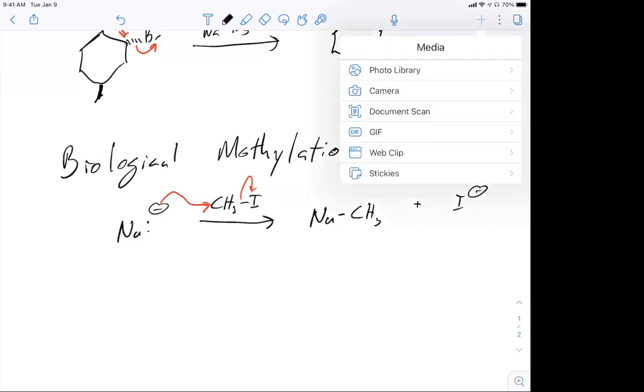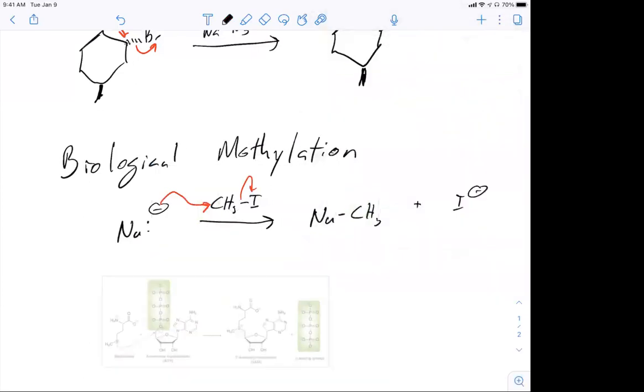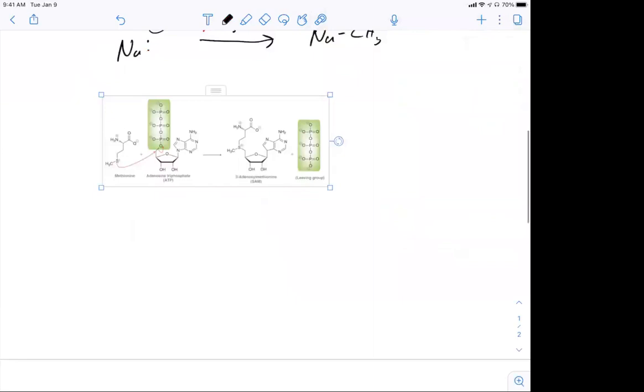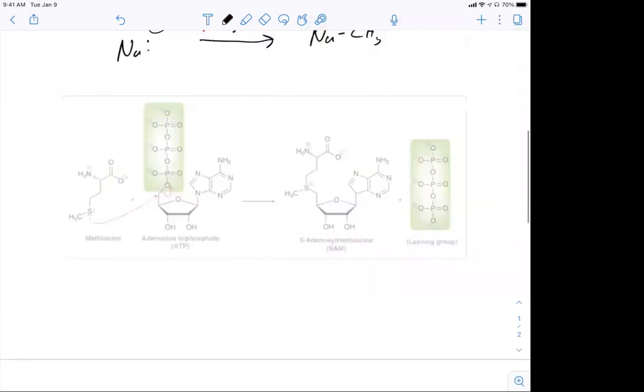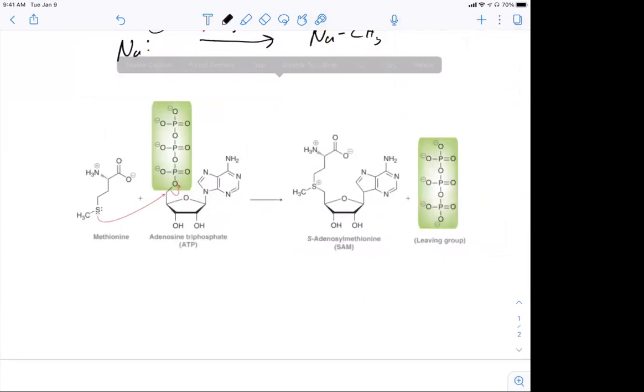So how do we do it? It's not like we have methyl bromide running around in our system. In a biological system, you often have large molecules that do the same thing as small molecules. Here, ATP, adenosine triphosphate, is this big molecule with a triphosphate group on it. This triphosphate is a great leaving group.